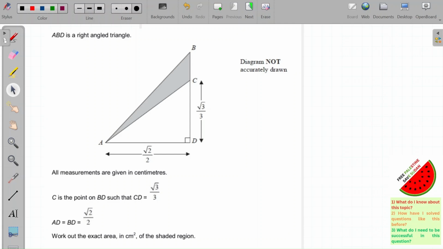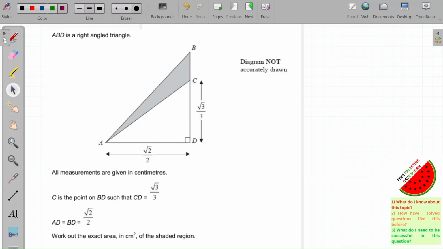This question, you have two triangles. ABD is a right angle triangle. All the measurements are given in centimeters. We can see side CD is root 3 over 3 and side AD is root 2 over 2.